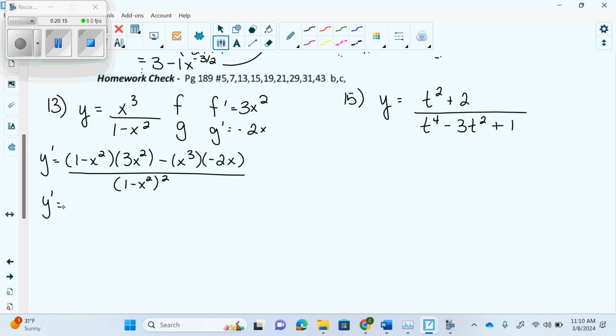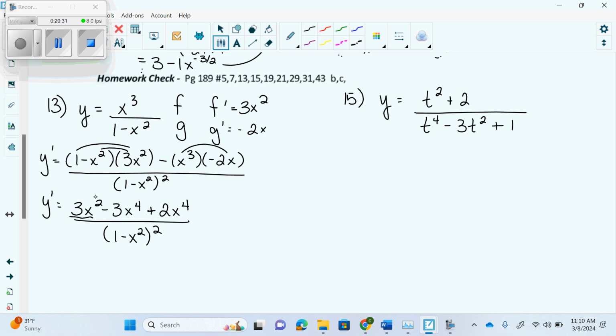So we get y prime equals 3x squared minus 3x to the 4 plus 2x to the 4 all over 1 minus x squared, squared.